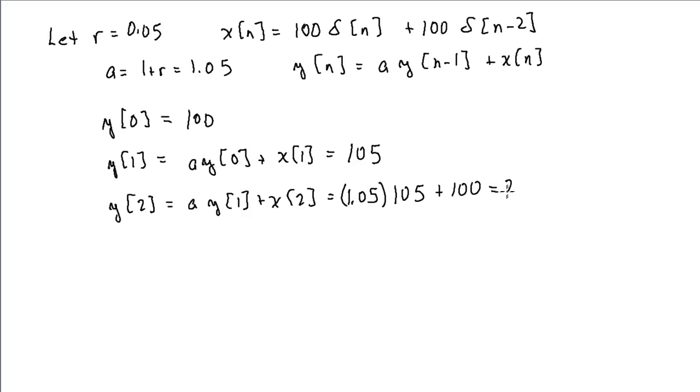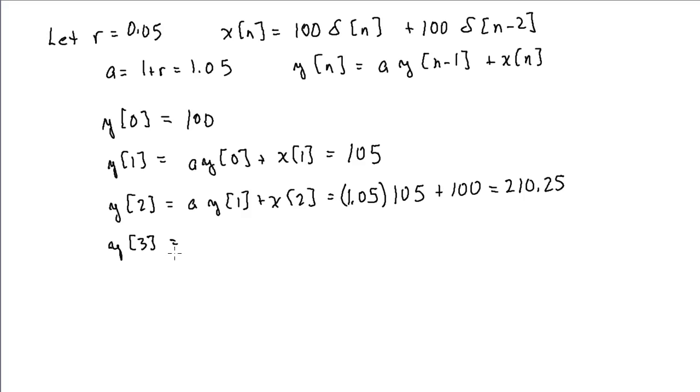So this turns out to be 210.25. And then similarly, I can calculate y of 3 using y of 2 and y of 4 and so on and so forth. Okay, so I can always use this iterative method to calculate the output of a discrete time system, but we're often interested in finding a closed form solution, a formula for y of n in terms of n.